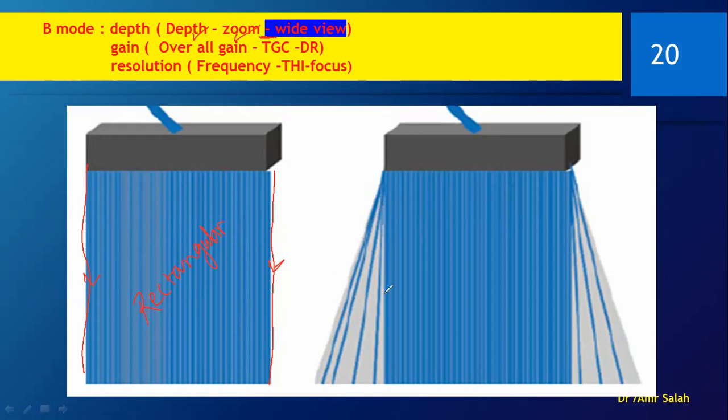But when we activate this function, what happens? We ask the machine to make the ultrasound waves emitted extend a little bit outwards, to cover an even bigger area. Okay, how can this be? Let's see.